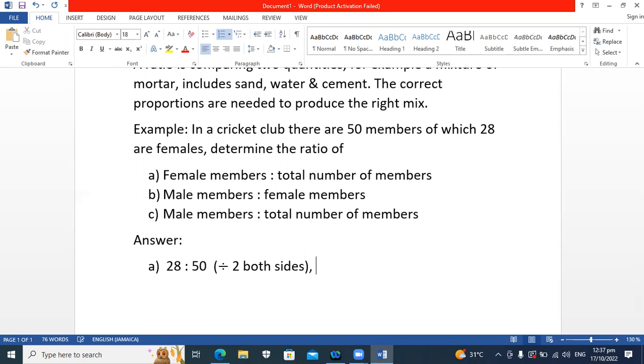If we divide everything by 2, we get 14 to 25, and that is our answer. I'm going to give you 1 or 2 minutes to finish B and C, okay? And remember, your answer should be in the simplest form.